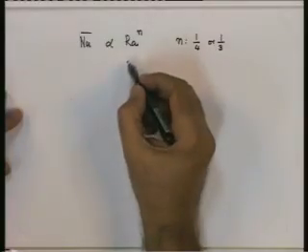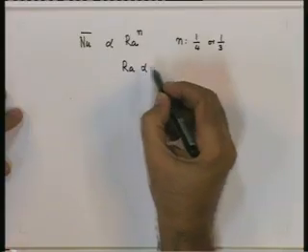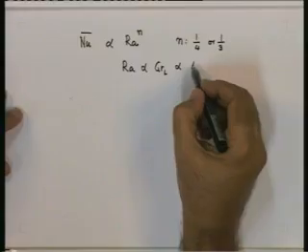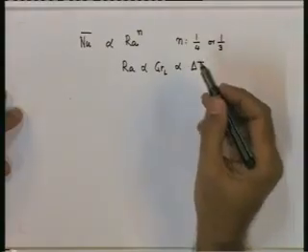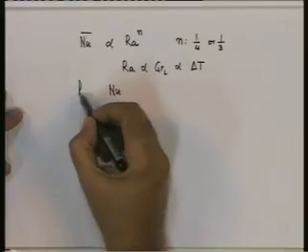Now remember that Rayleigh number in turn is proportional to Grashof number, which in turn is proportional to the temperature difference, whereas Nusselt number is proportional to the heat transfer coefficient.